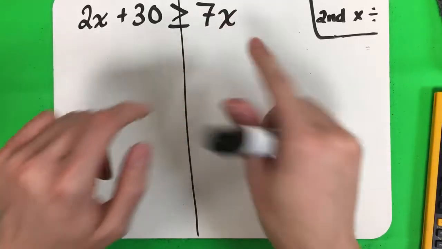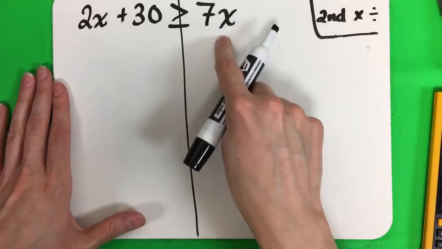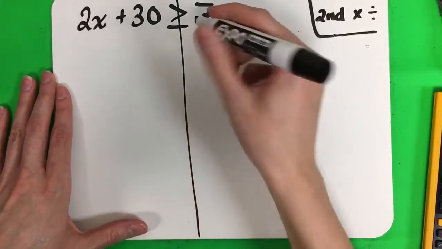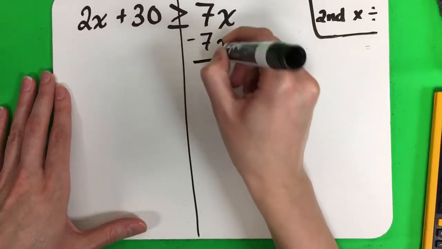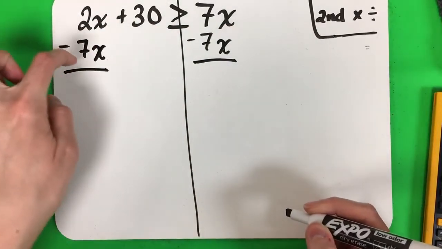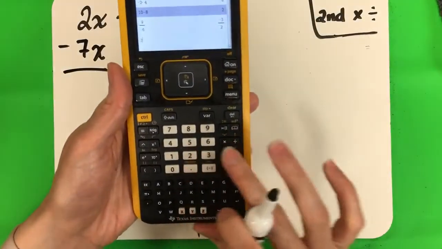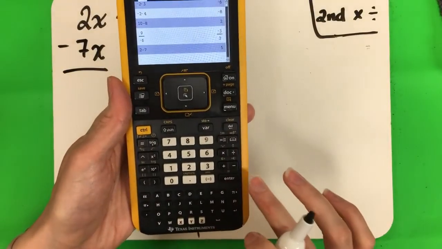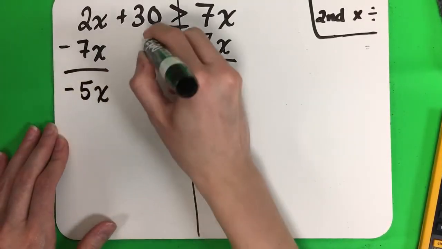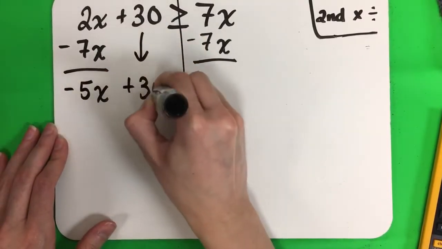This is positive, the opposite is negative. Siempre mueve el número en la derecha primero. So minus 7x. 2 minus 7, enter. Negative 5x. Copy plus 30.